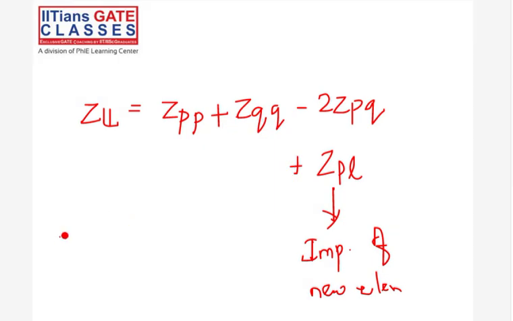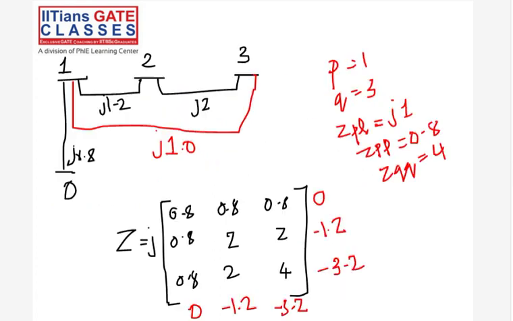Then what would be ZLL? That would be equal to 0.8 plus 4 minus 2 into Z13.